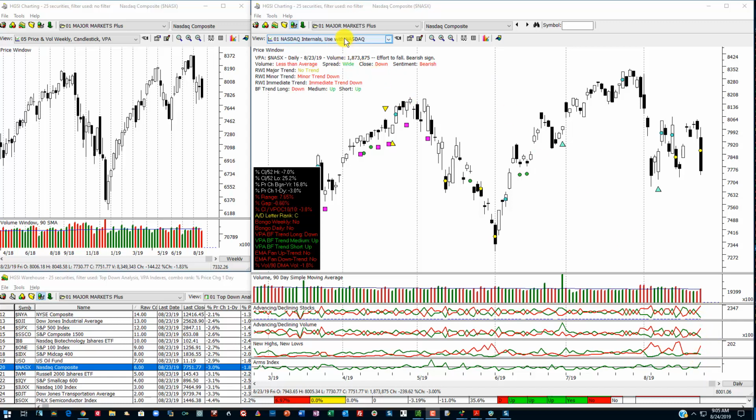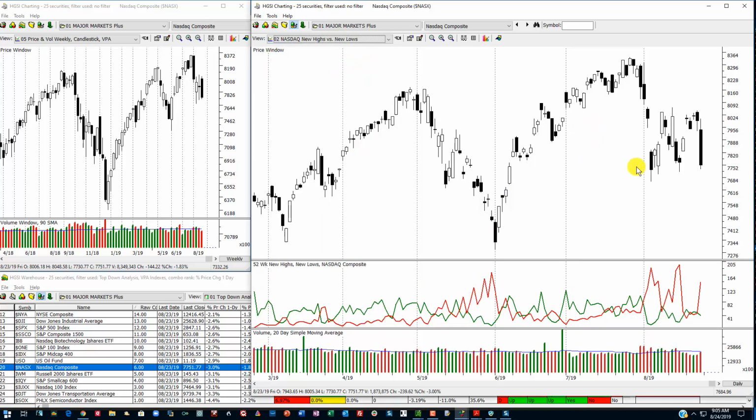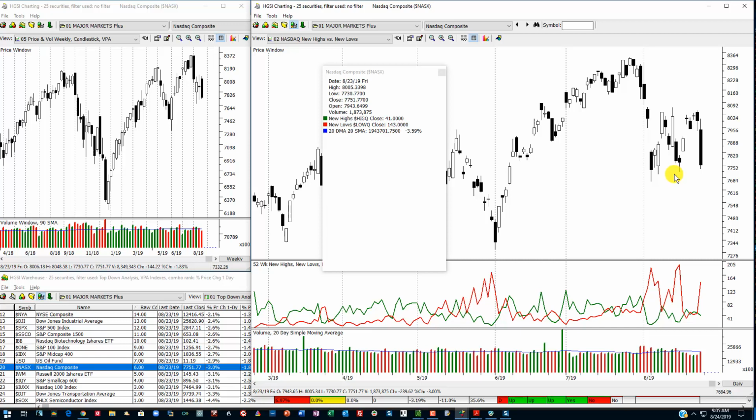Now, a better way to look at the new highs versus the new lows is to go to the next chart. I'll bring that alternate I key up again. You can see this is on Friday. The number of new highs is 41, new lows is 143, and that's represented here by these two lines. The new low line is red and the new high line is green.